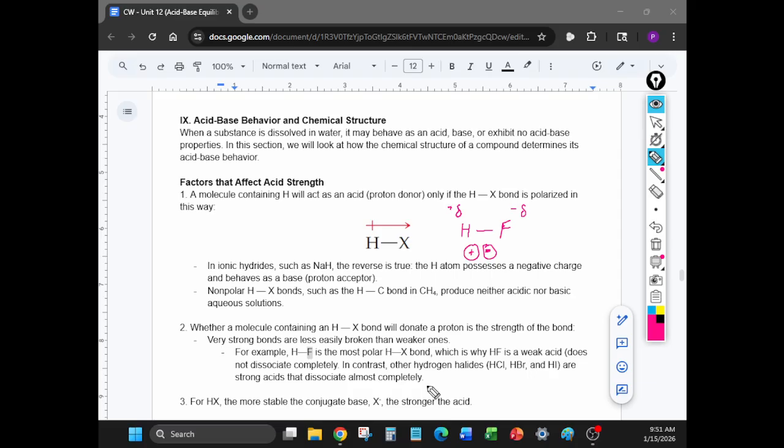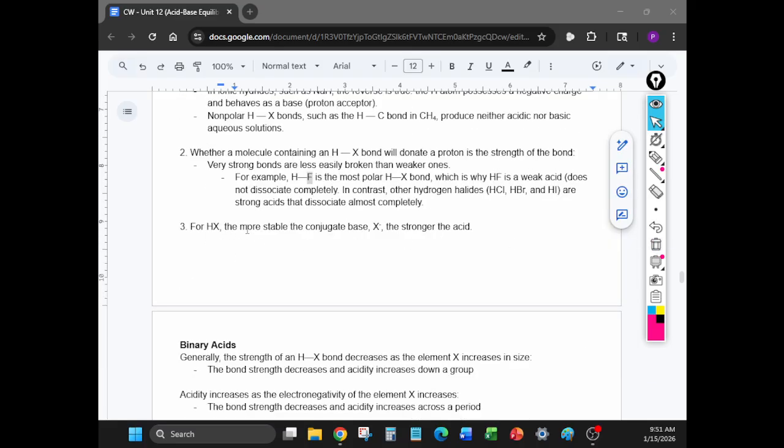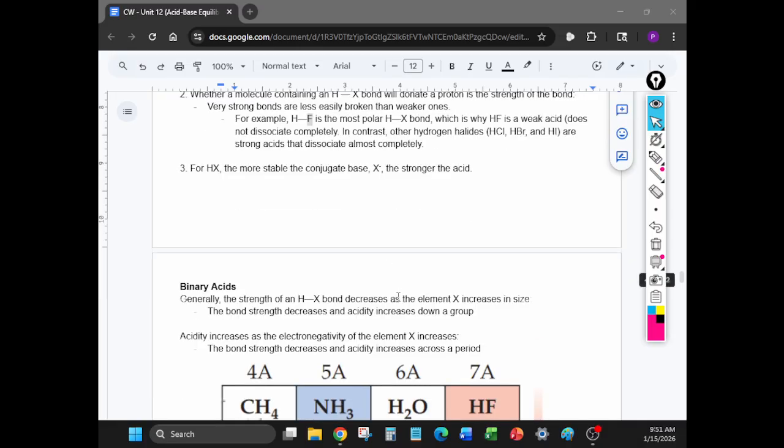And so that's the reason why HF is a weak acid, even though other hydrogen halides like HCl, HBr, and HI are strong acids that dissociate. HF produces such a strong, stable bond that the hydrogen will not want to dissociate. So the strength of the bond also makes a difference. And then lastly, the more stable the conjugate base is, the stronger the acid.